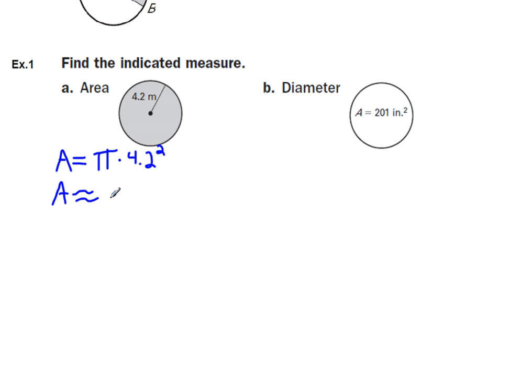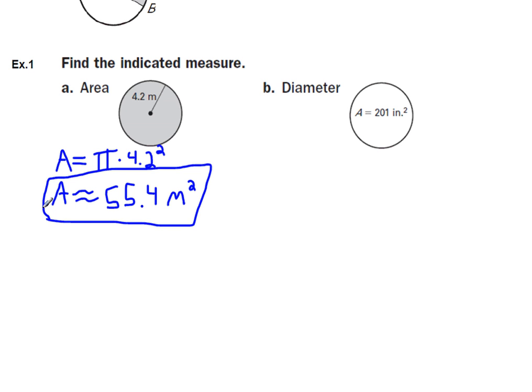I'll go ahead and round to 1 decimal place. Use the pi button on your calculator. Pi times 4.2 squared, and you should get 55.4. And since this is an area, that's going to be 55.4 meters squared.